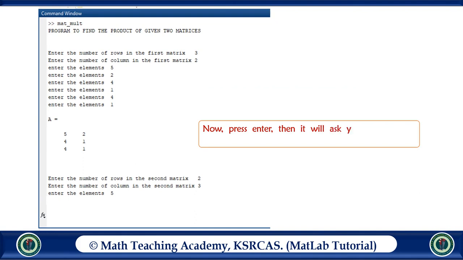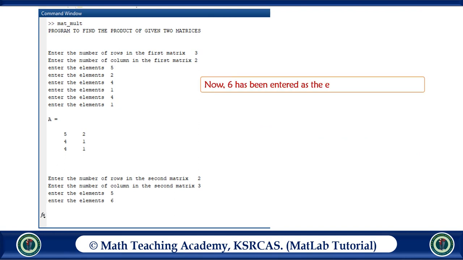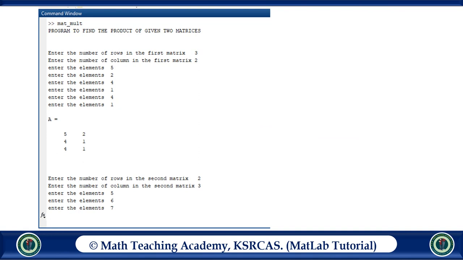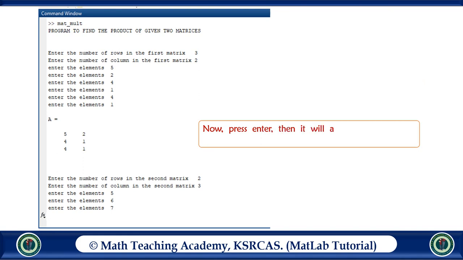Now press enter, then it will ask you to enter the elements. Now 6 has been entered as the element. Now press enter, then it will ask you to enter the elements again. Now 7 has been entered as the element. Now press enter, then it will ask you to enter the elements again.